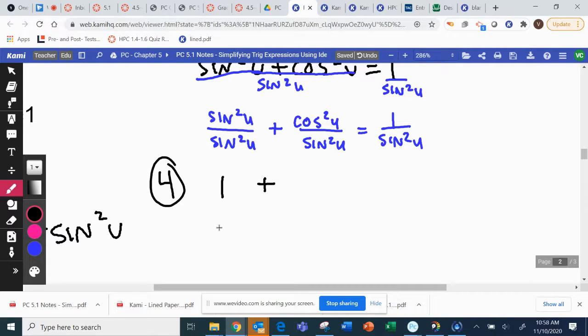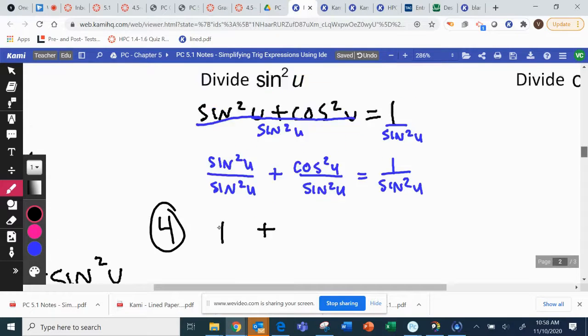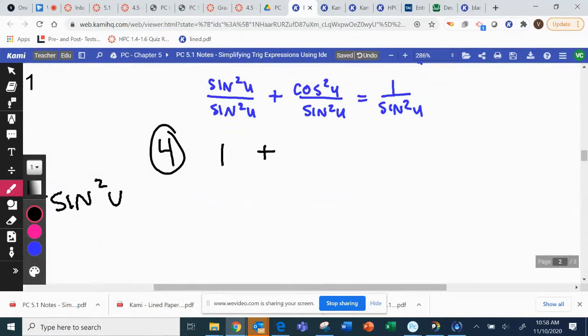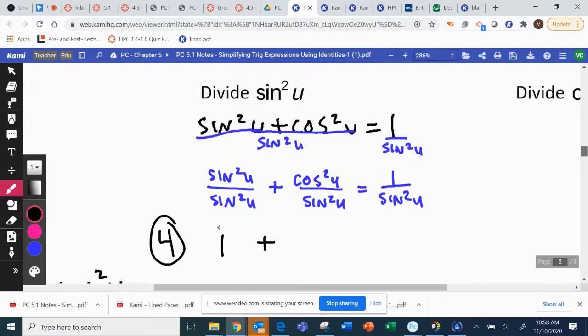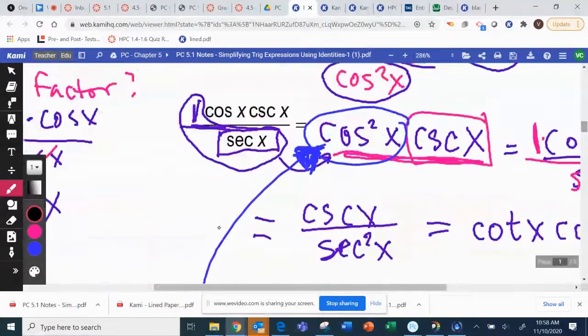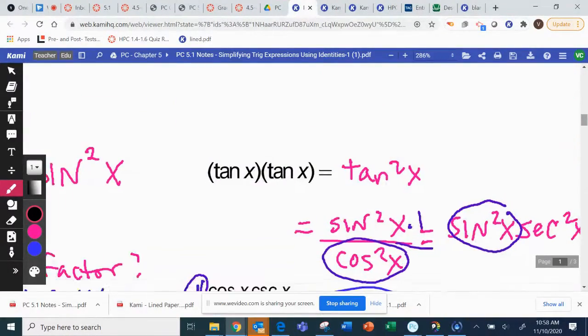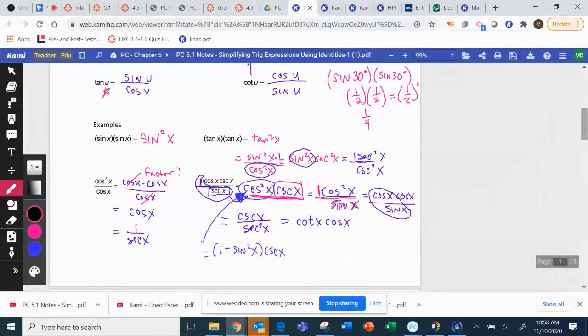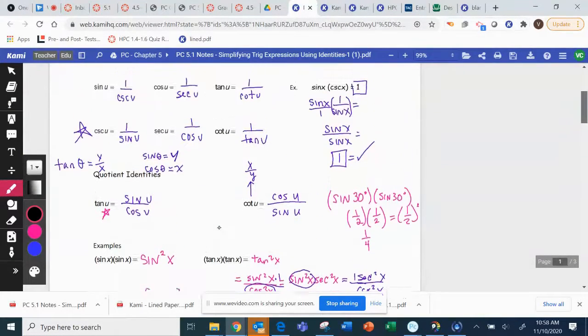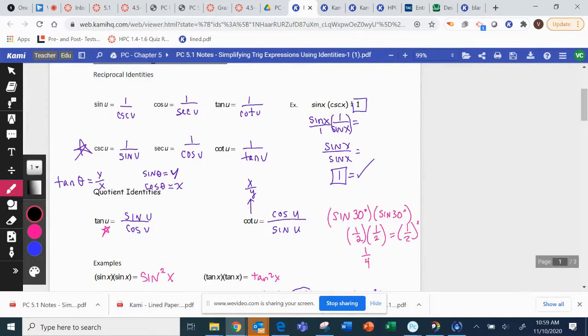plus, can somebody tell me cosine squared u over sine squared u, using one of our previous fundamental identities, what that one would equal? Caroline, can you tell me what cosine squared over sine squared would equal from the first page? From the first page, there is a cosine over a sine somewhere in the identities at the top here.